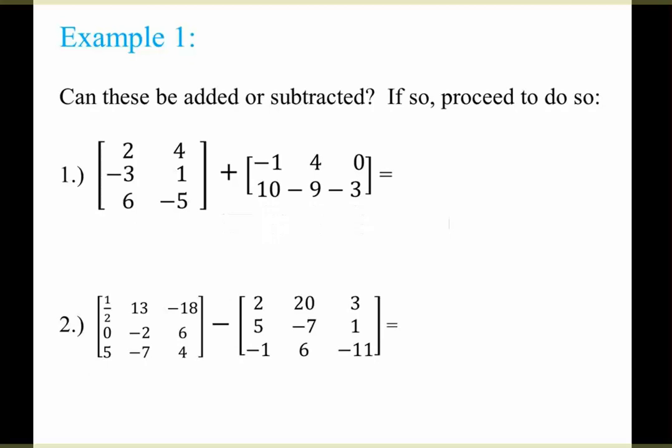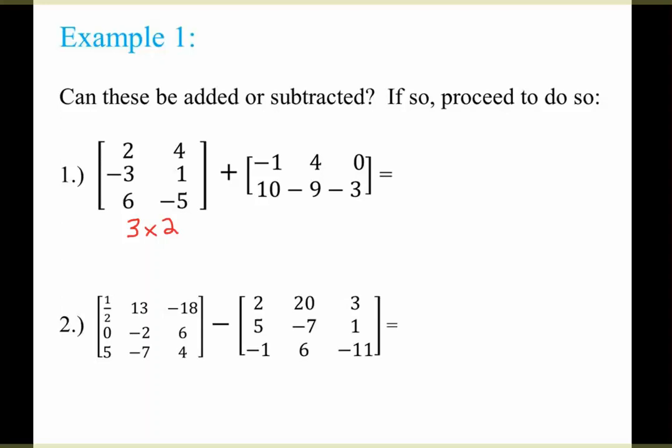Okay, so in number 1, we are attempting to add those 2 matrices. So first of all, can they even be added? So let's go back to the dimensions. What type of matrix is number 1? Well, hopefully you realized that it is a 3 by 2. 3 rows by 2 columns.